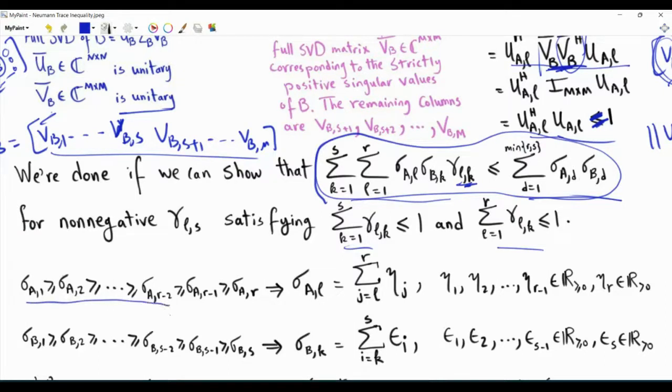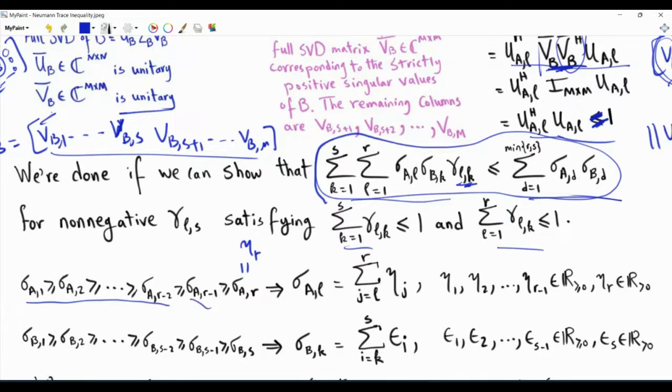These are the singular values of A in descending order. And what we can do is take the smallest one, sigma_AR, the smallest strictly positive singular value of A, and call it eta_R, where eta_R is strictly positive. Not a problem. What about sigma_A_(R-1)?